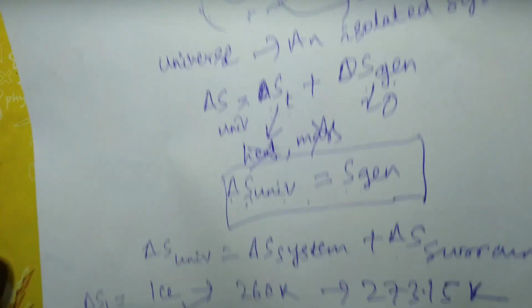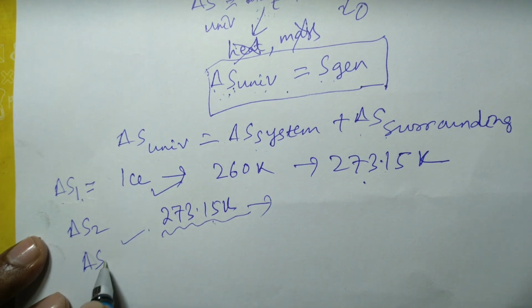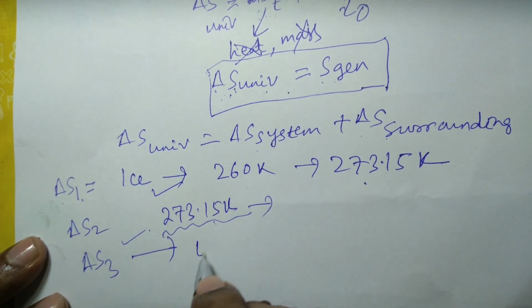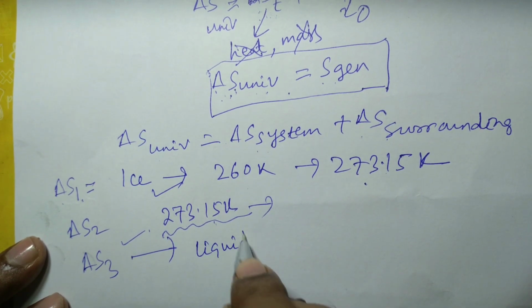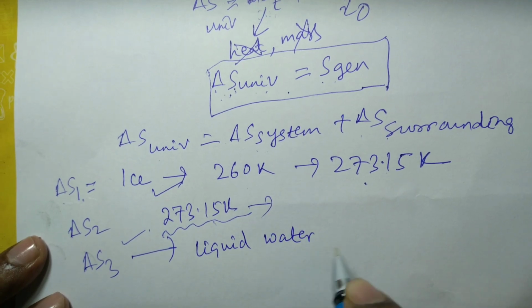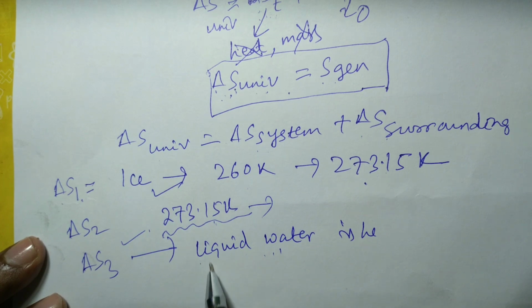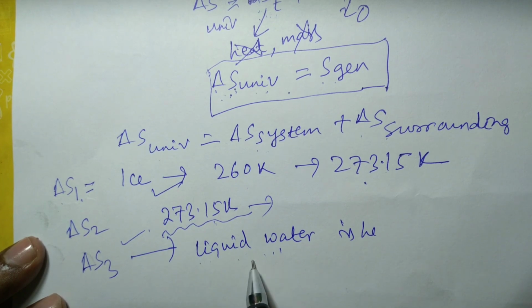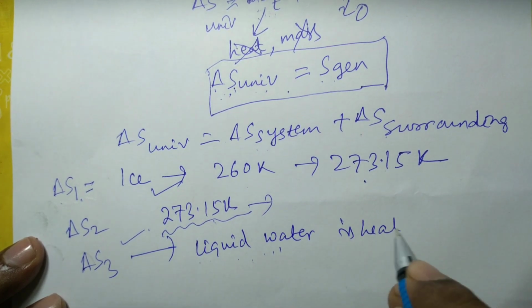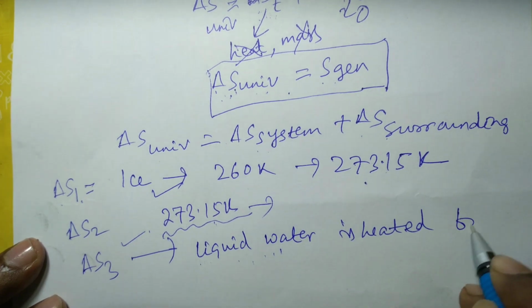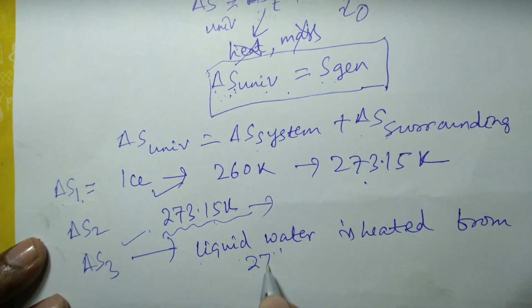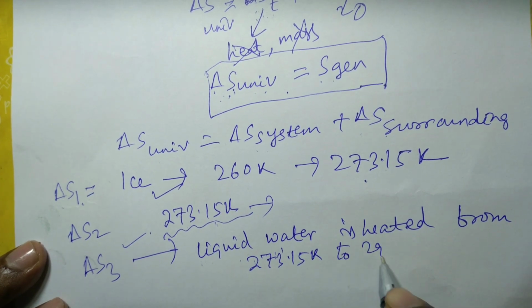So in the third stage, liquid water is heated. Now this is no longer ice. During this stage it is converted into water and its temperature is increased. Liquid water is heated from 273.15 Kelvin to 293 Kelvin.